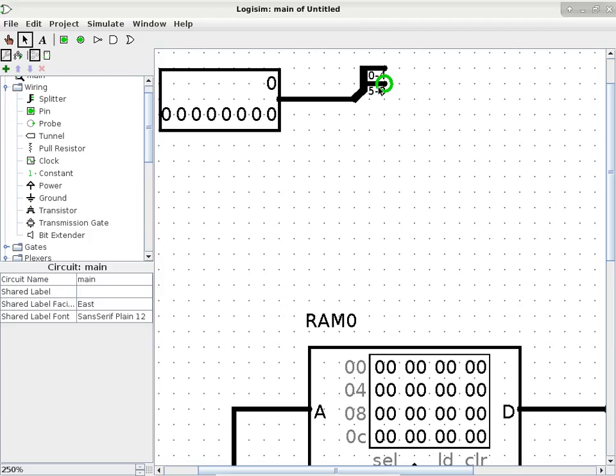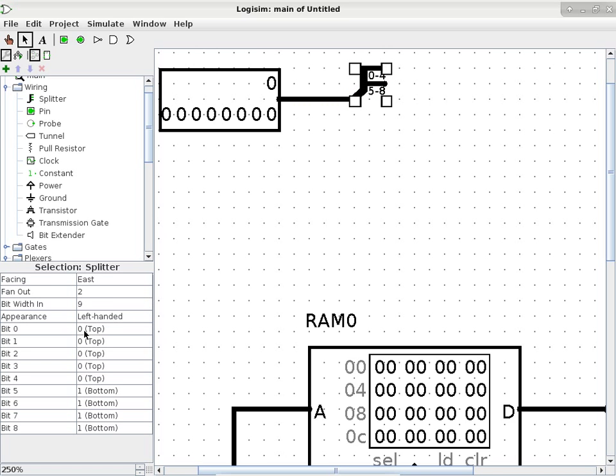Well, let's see how we can do it. Click on the splitter, and now we can select which ones belong to the top one. Now, you can do the interleave thing, which is really kind of funky, but that's not what we need to do right now. So what we need to do is to put everything to the bottom except for the last bit.